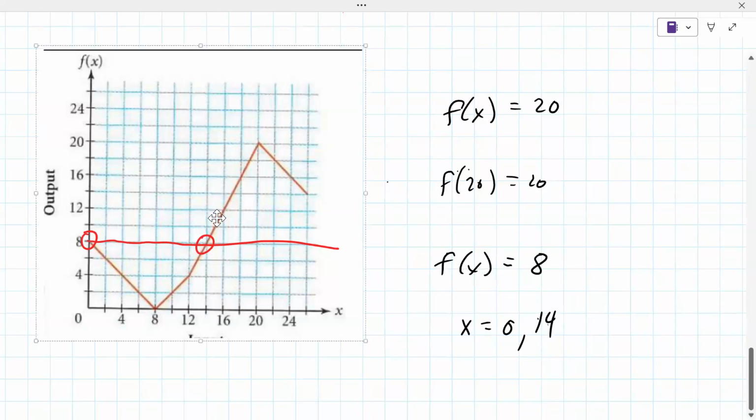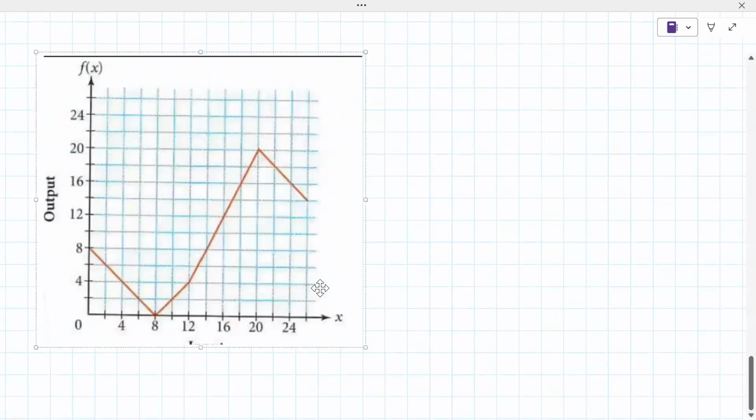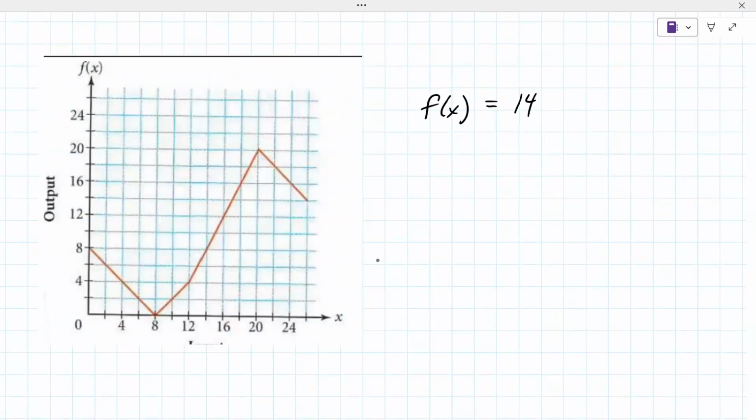Okay, let's look at the graph one more time here. So where does f of x equal 14? Like 17.